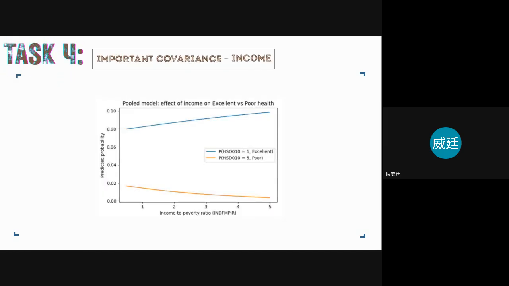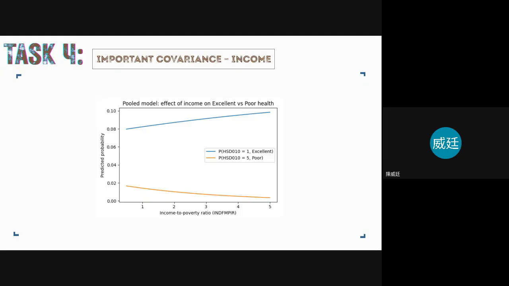And finally, we look at income, measured by INDFMPIR, the income to poverty ratio. In this figure, we plot two curves from the pooled model. The blue curve is the probability of rating health as excellent. The orange curve is the probability of rating health as poor.